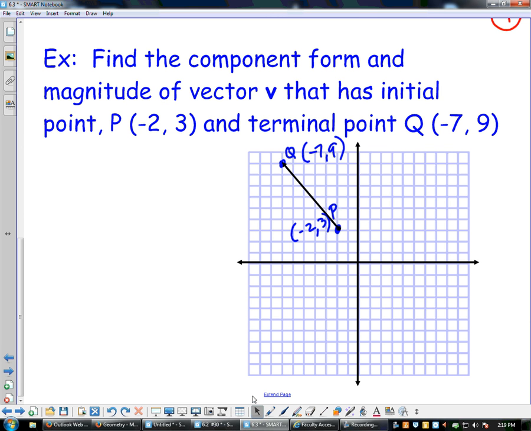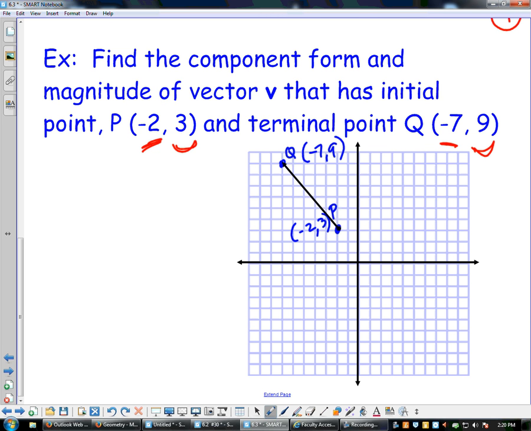Say that again? So these are your x's, right? And these would be your y's here, correct?